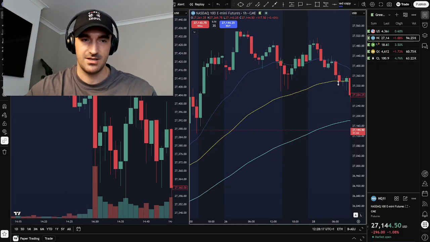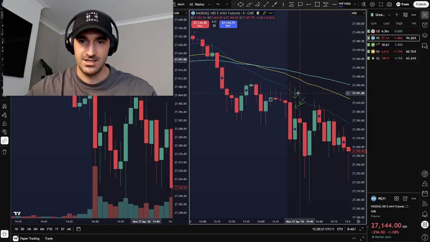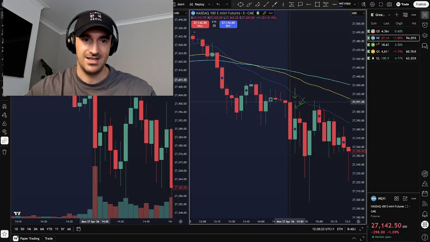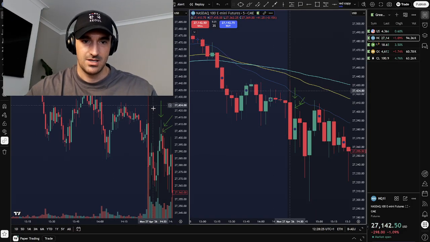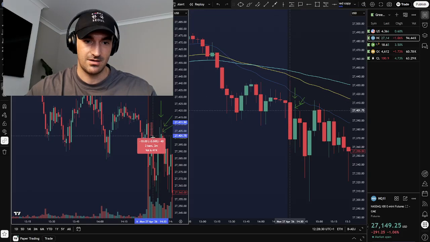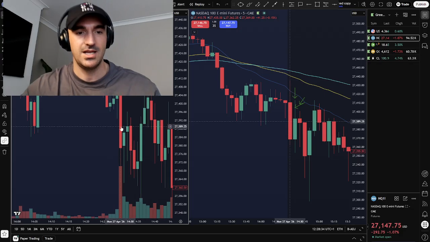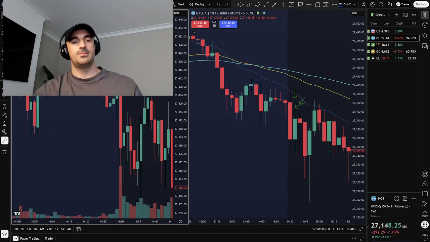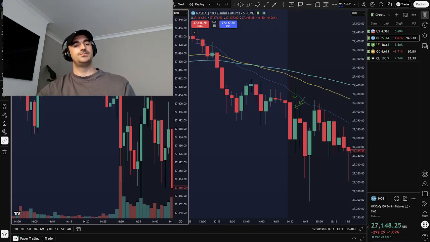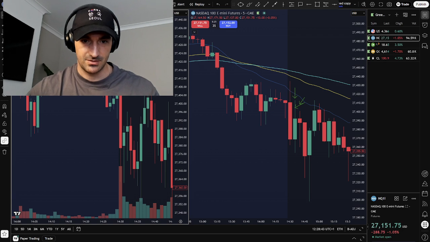This is the 1 minute chart, and I got in a short exactly when this 1 minute switched from green to red. I entered around here and I got out at the bottom of the range. So basically, I got around 30 points from 5 micros. So let's watch it.